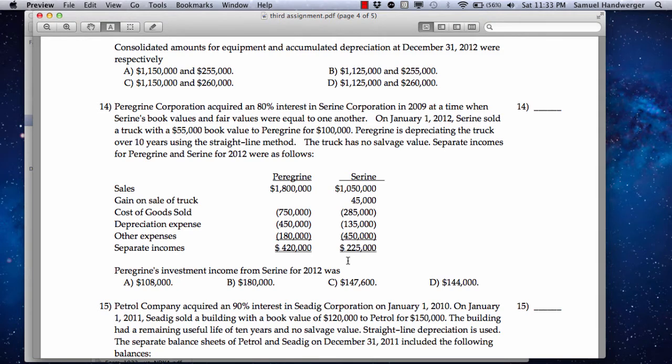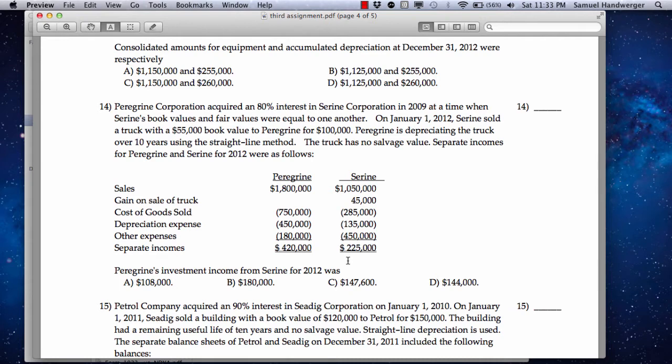Using that formula, what we would do is take $225,000 of the subsidiary's net income, subtract the gain of $45,000. Then we would add in the excess depreciation, which happens to be $4,500. Now I've got my calculator telling me error, so let me redo this. 225 minus 45, which is the gain.